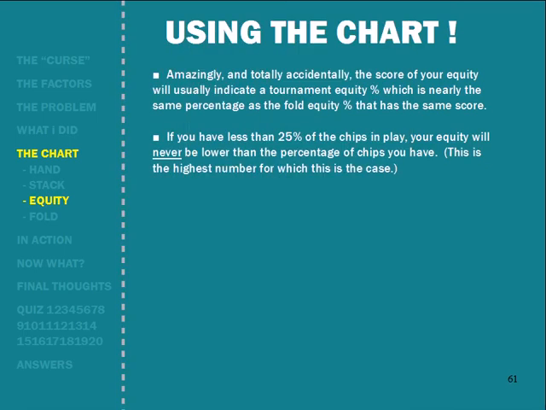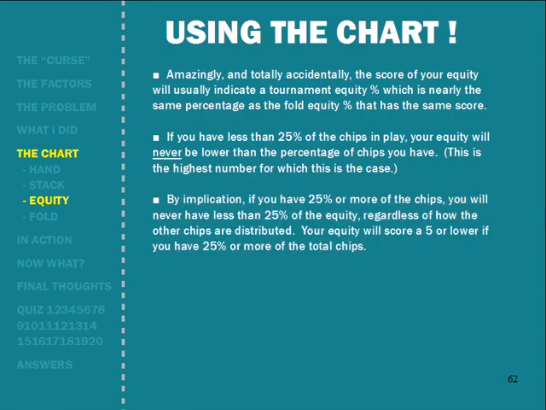And so this sets us up for some observations, right? If you have less than 25% of the chips in play, your equity will never be lower than the percentage of chips you have. So as long as you have under 25%, say you have 15%, you will never have less than 15% equity in the tournament.